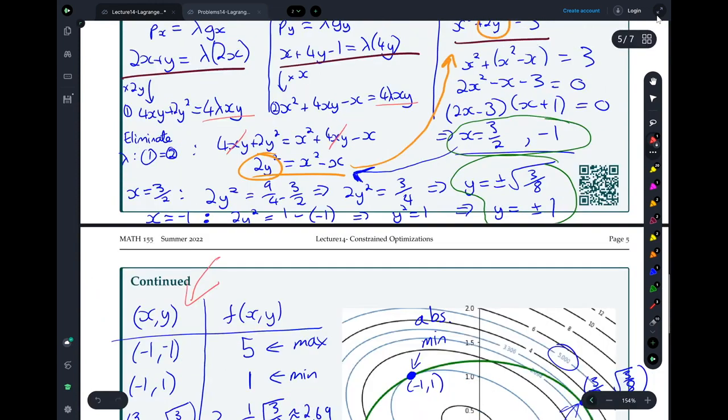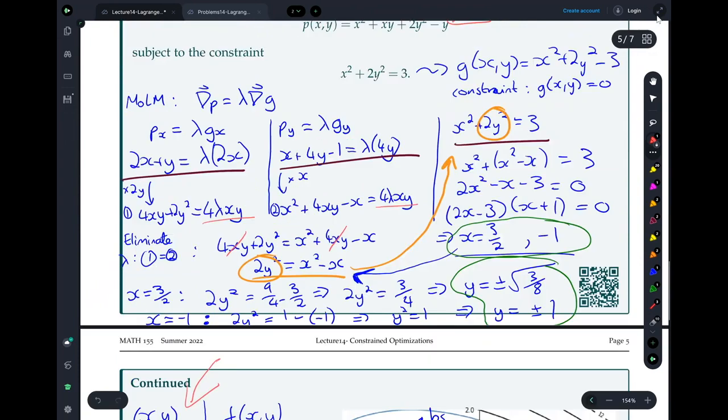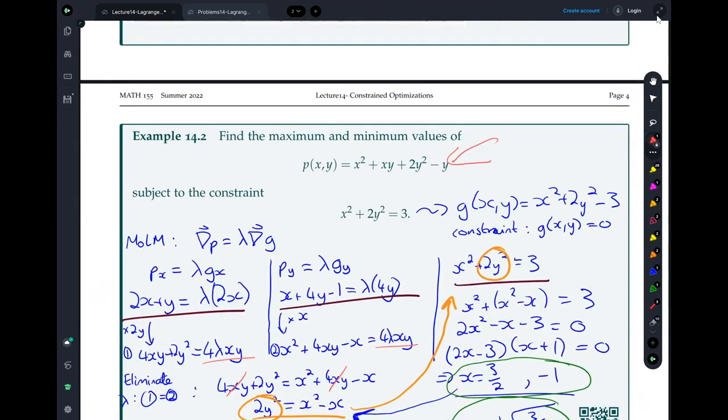So that gives us 4 points. And those 4 points tell me that these are minima or maxima. Okay, these are the only places where minima or maxima can be, because these are where our gradients of f are parallel or anti-parallel to our gradients of g. Okay, then all we do is we plug each of these values into the function. So this value here, the x and y values of 1 and minus 1, into this function up here.